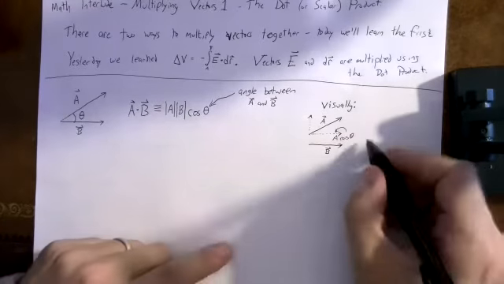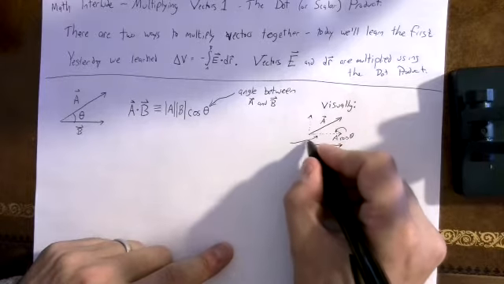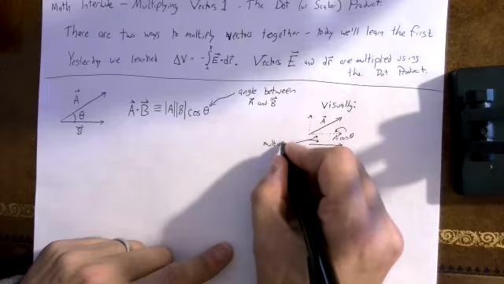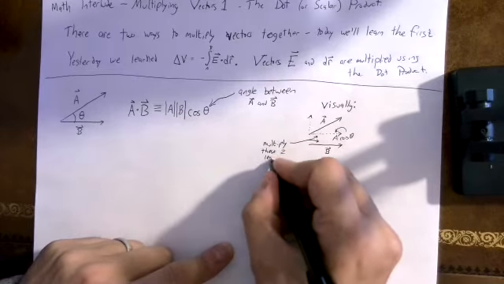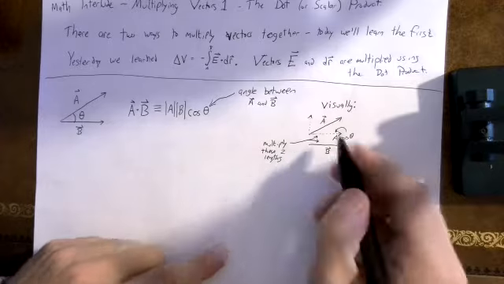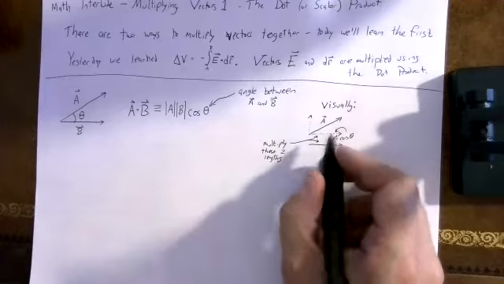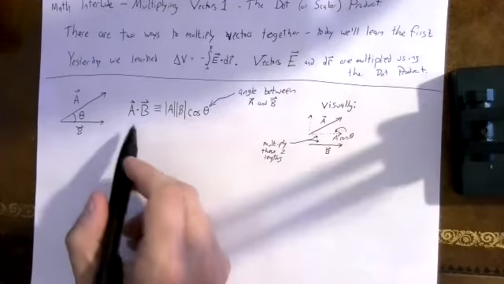So what we're really doing is multiplying these two lengths. If we multiply that with the magnitude of B itself, we get the dot product.